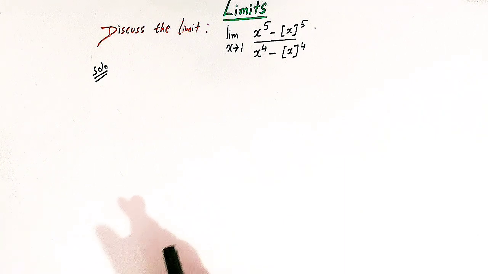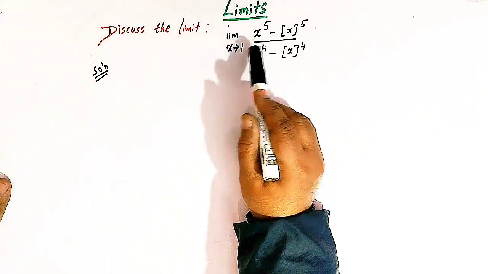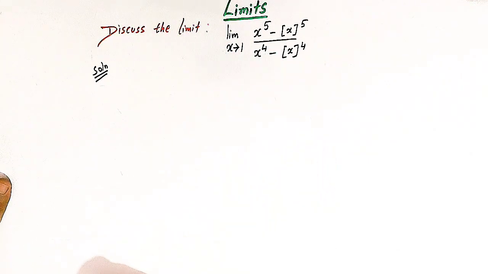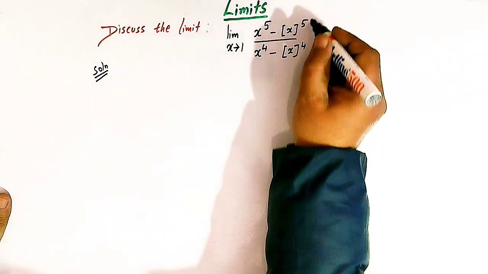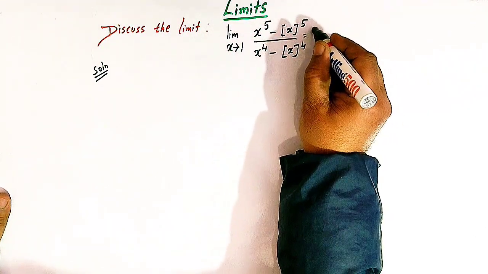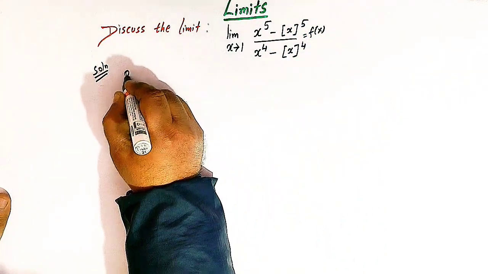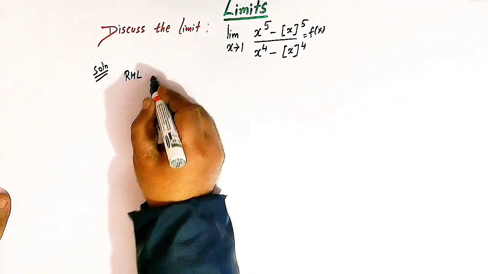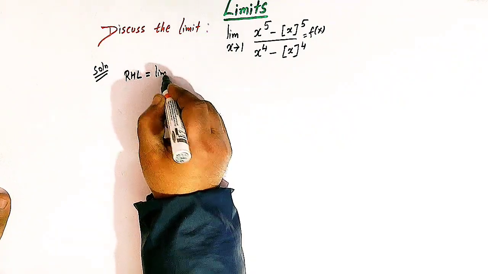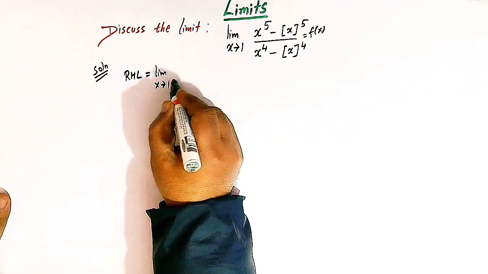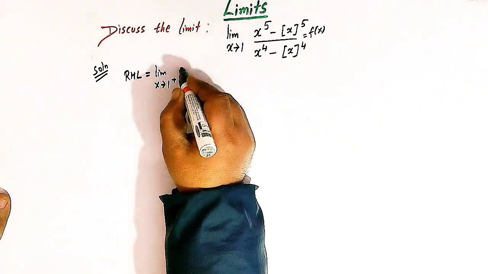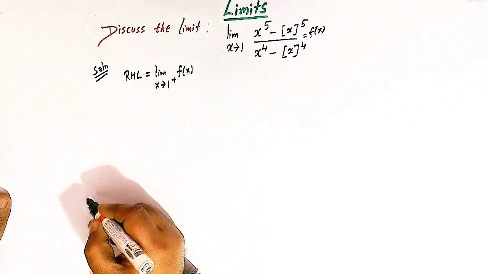So let us examine the limit of this function when x approaches 1 by finding out the right hand limit and the left hand limit. So let us take this function as f of x, right? And the notation for right hand limit is the limit x tends to 1, and here we write a positive sign, and here we have f of x.